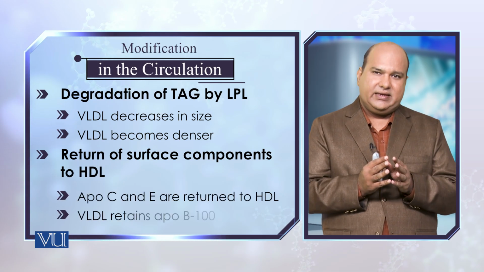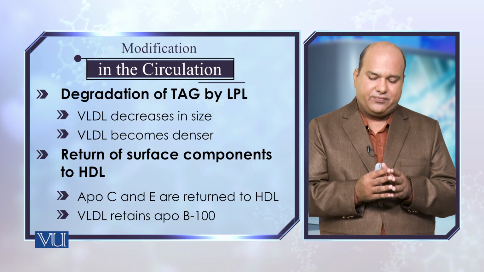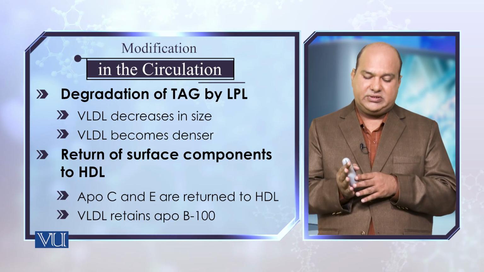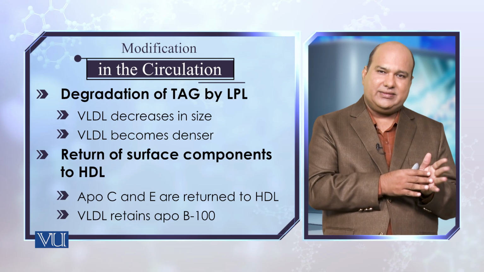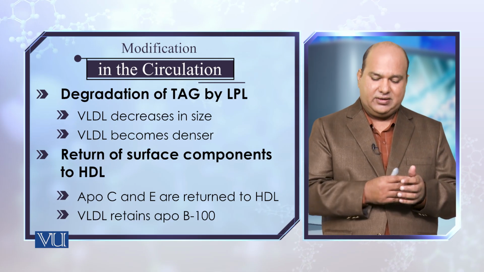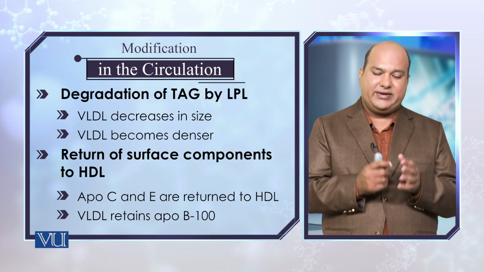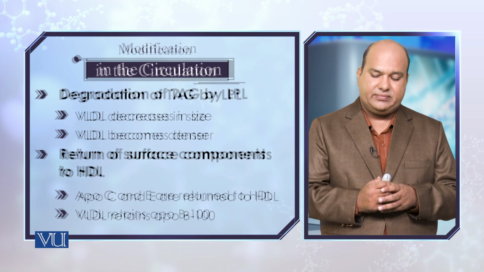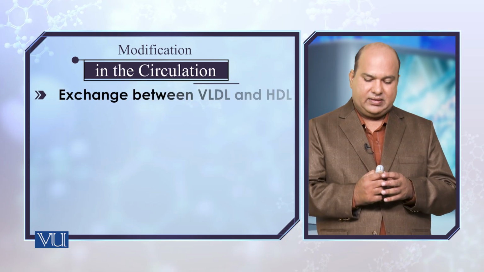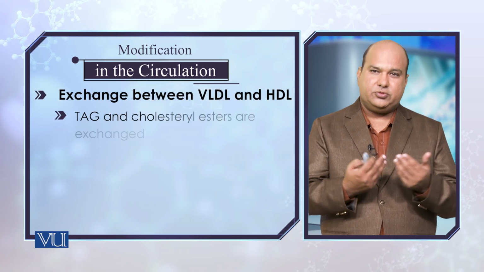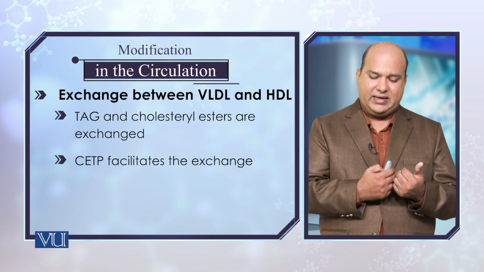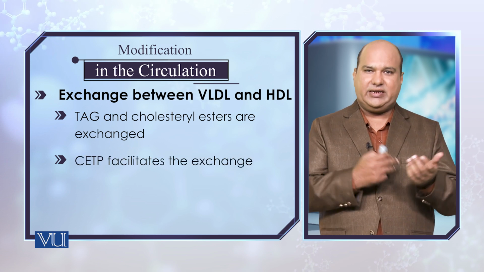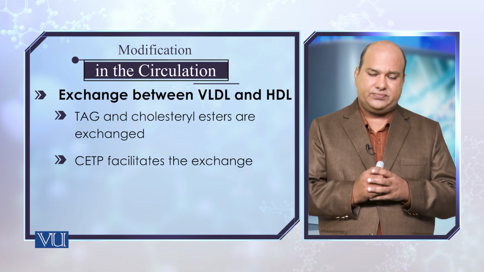Then once they have been activated and performed their function, ApoE and ApoC are returned to the HDL, the high density lipoprotein, while the VLDL retains the ApoB100. As I have already told you, the exchange is a normal thing. It goes on between HDL and VLDL, or HDL and LDL, and so on and so forth.